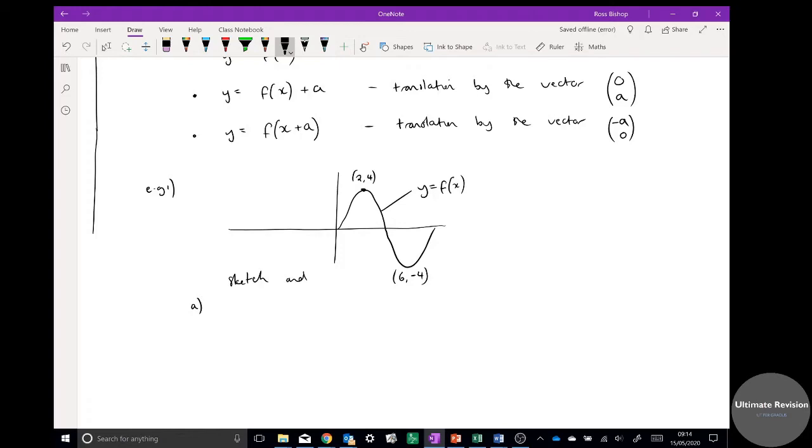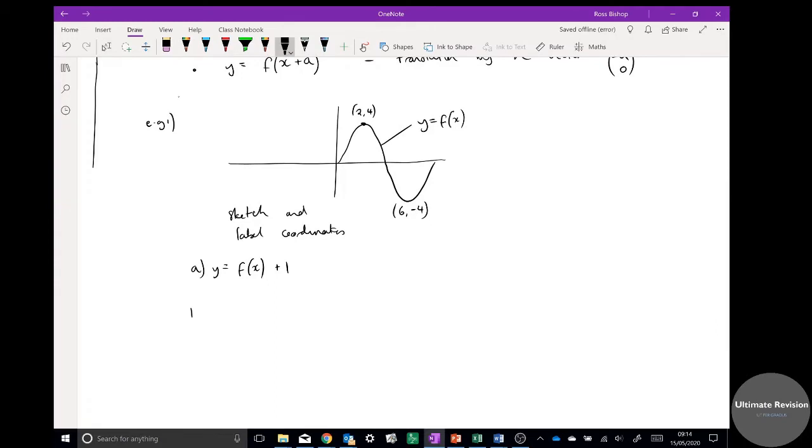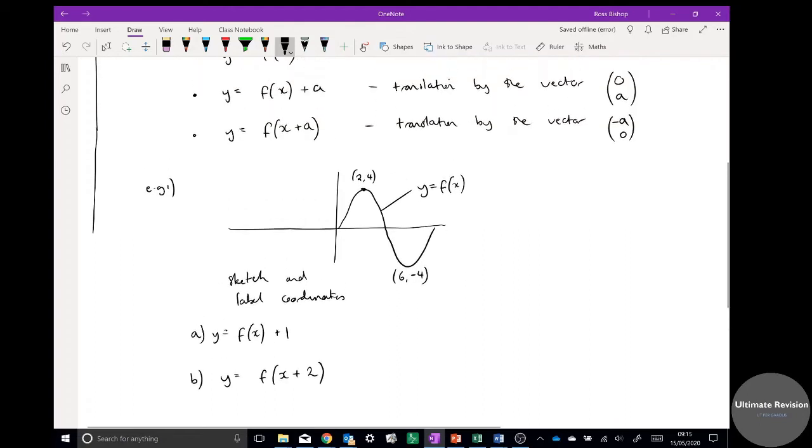Sketch and label the coordinates of (a) y equals f(x) plus 1, (b) y equals f of, let's say, x plus 2. Okay, so this is how the question would be worded.